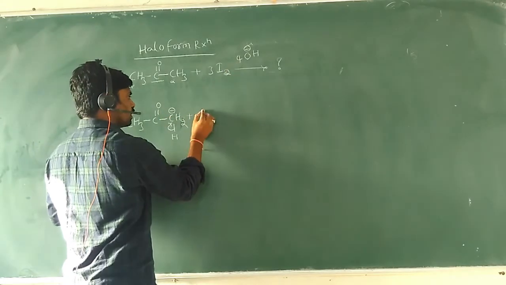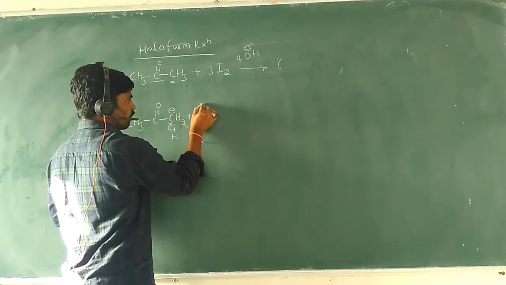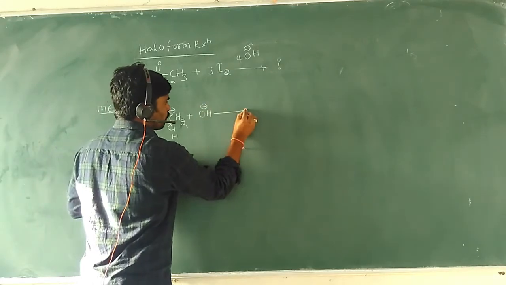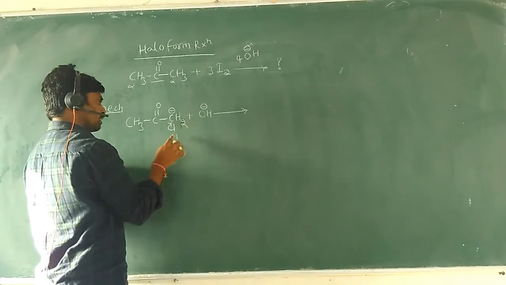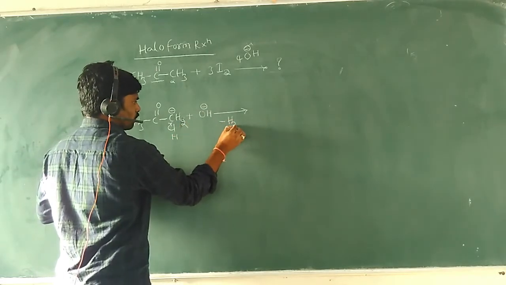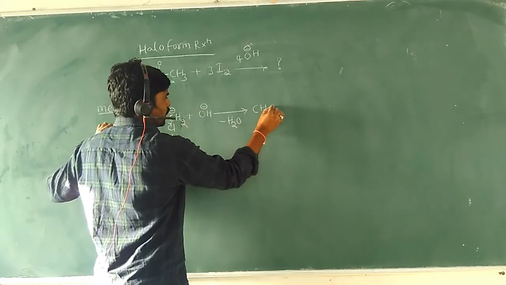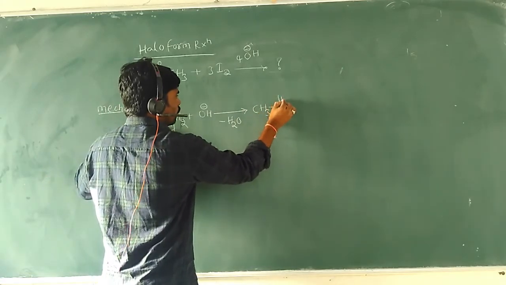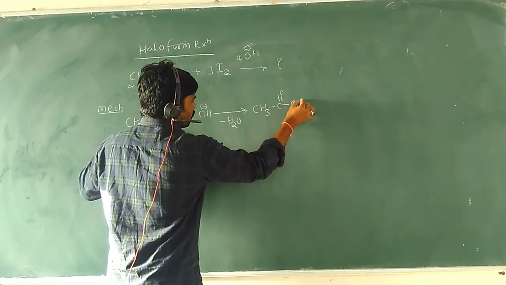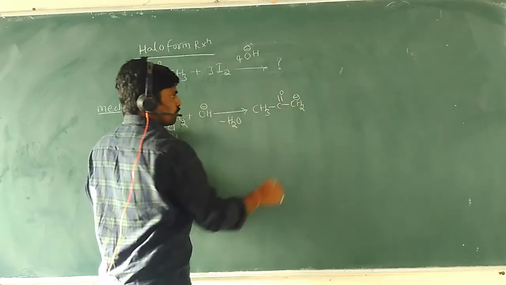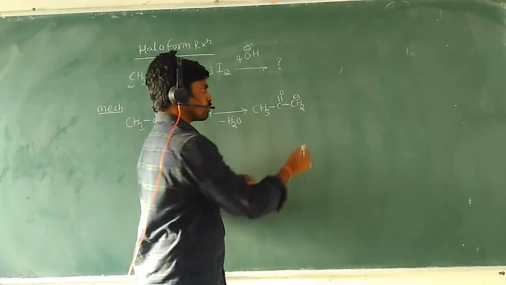Now in which condition? Hydroxide, base condition. This is the OH minus, this is the H plus, a water molecule. What remains here is CH3, C double bond O, CH2 minus. We get a carbanion.